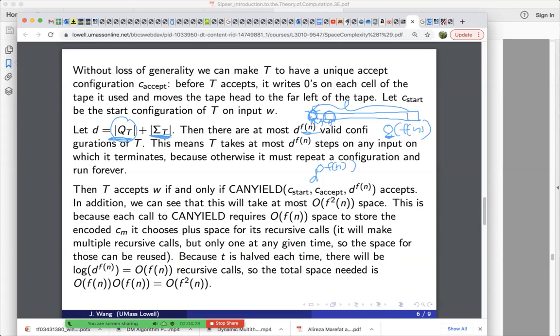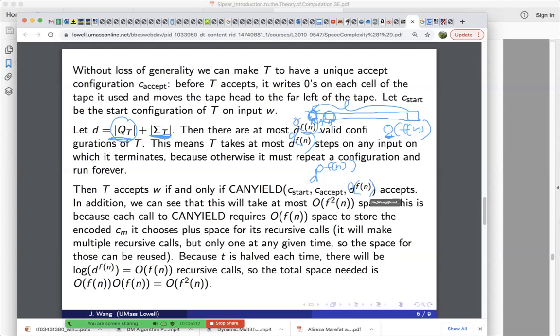It would be easier to save some argument there. So that's how many configurations we have. Then T accepts W if and only if C start can yield C accept in this many steps. Right? So that we know.